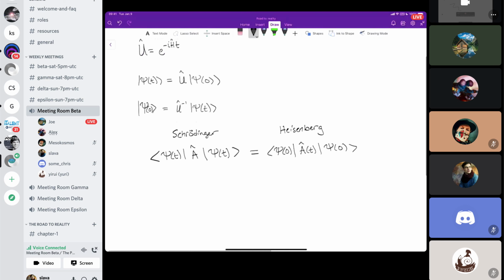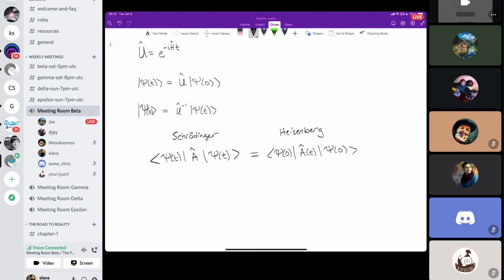And so I'm actually just going to expand this out. So psi of t is psi of 0, U inverse, and then keep the A there, and U, I need hats, psi of 0.